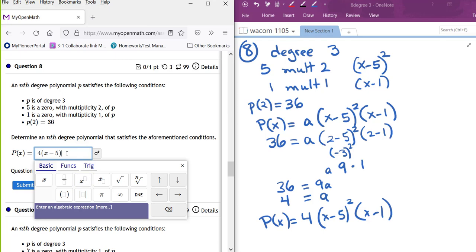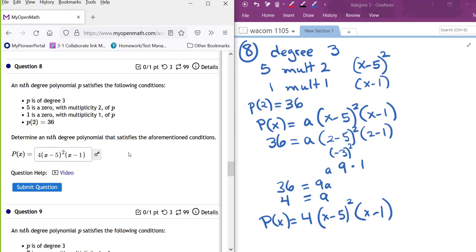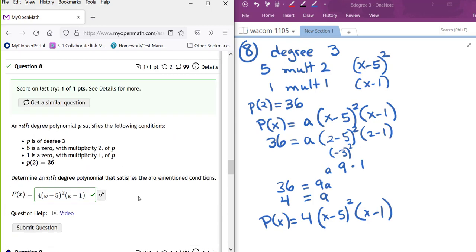If so, it saves you a lot of trouble to know that that happens. Okay, it does accept that. That will save you a lot of work from doing the algebra.